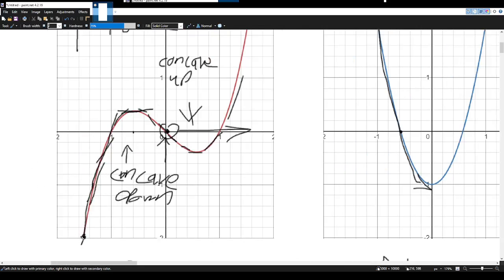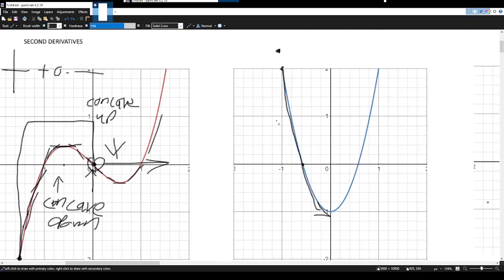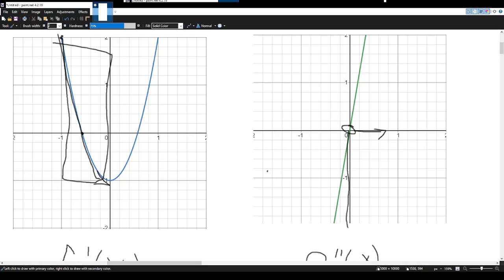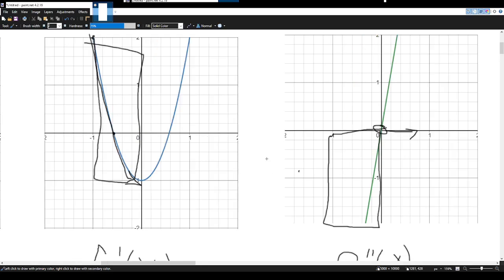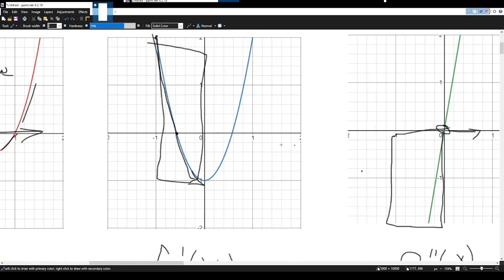This part is concave down, this whole part right here, approximately, which means that on the first derivative, it's decreasing. It can be anywhere. It can be entirely in a positive quadrant, but it is decreasing right here, which means that here it's negative. So this will not be in the positive quadrant at all. It is just decreasing, or it's decreasing here, which means it's purely negative. So concave down basically just means the second derivative is negative.